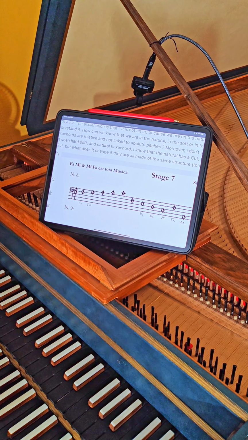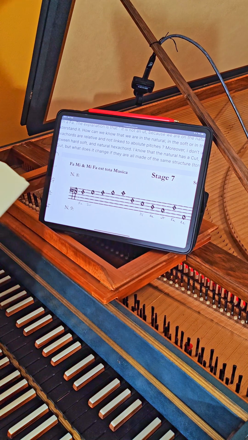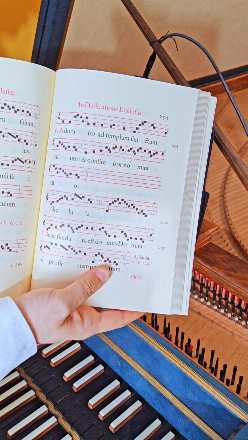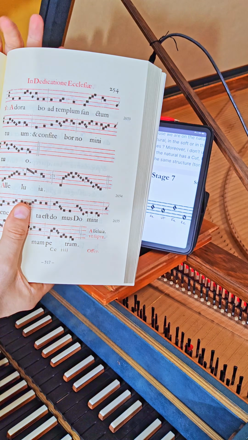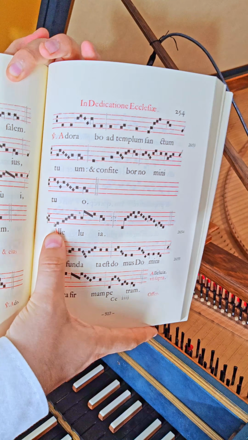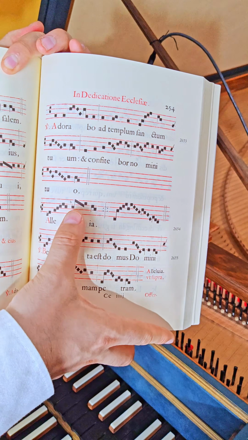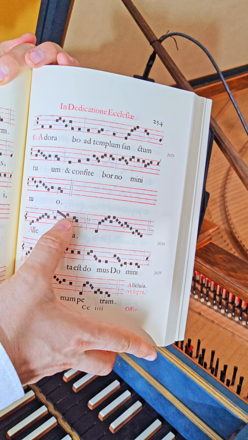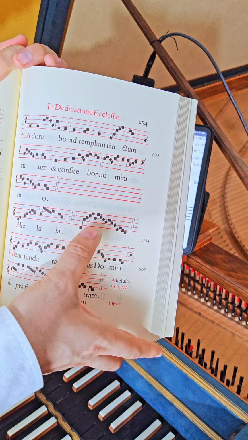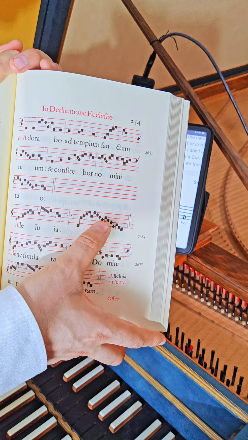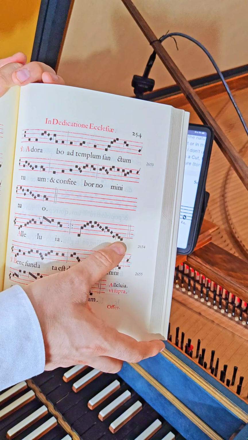But let's take another example, because one could say that this Alleluia is an irregular fifth tone. But if we check the diapente starting on C, Ut, Re, Mi, Fa, Sol, La, Sol, Re, Sol, Fa, Mi, Re, Ut, Sol, Re, Mi, Fa, Mi, La, Sol, Fa, Re, Mi, Re, Ut.